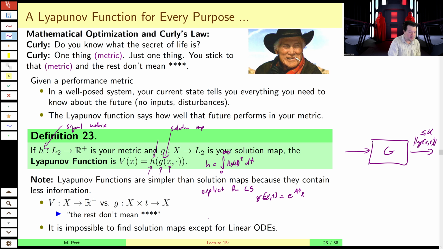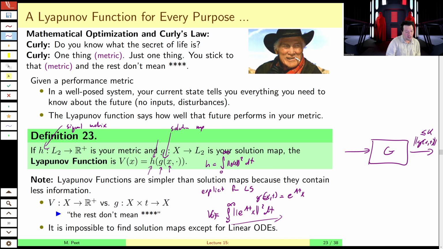Then we can just compose those to get our Lyapunov function: V equals the integral from 0 to infinity of the norm of e to the A t x squared dt, a function of x. So in this case, we know exactly what the Lyapunov function looks like.